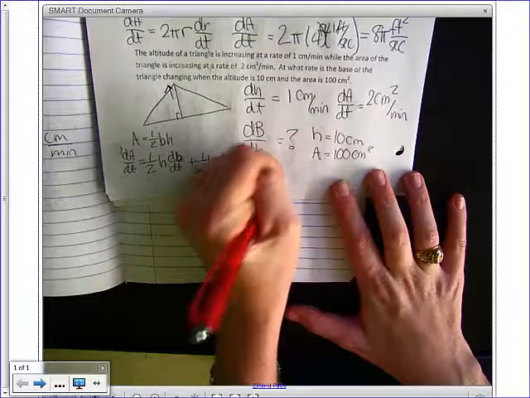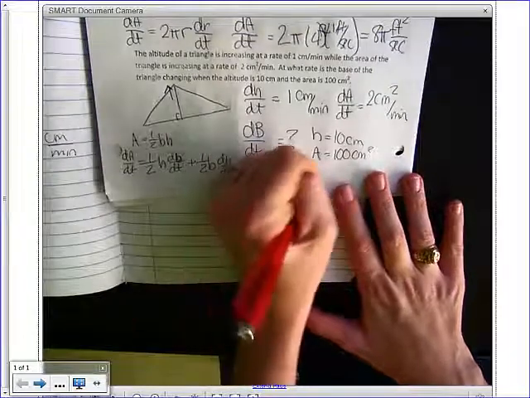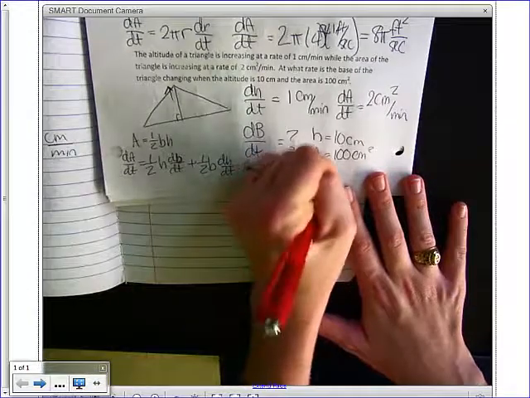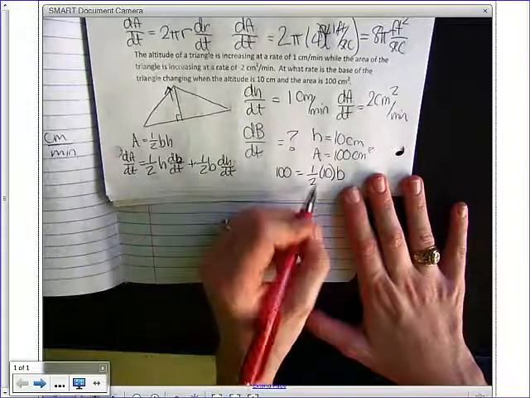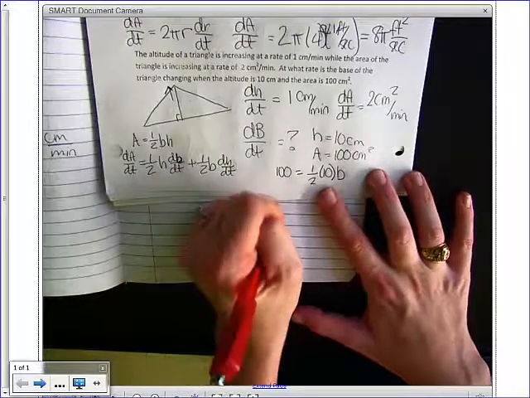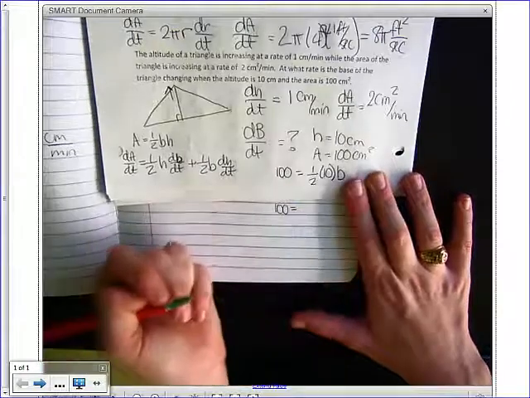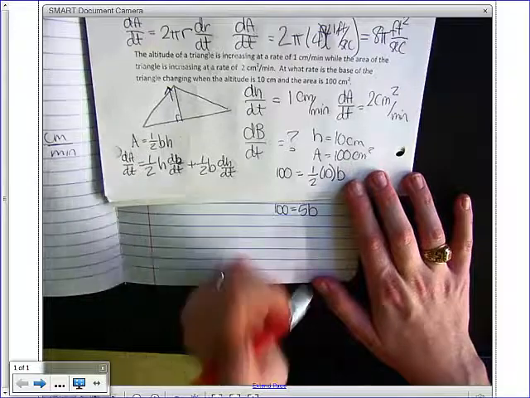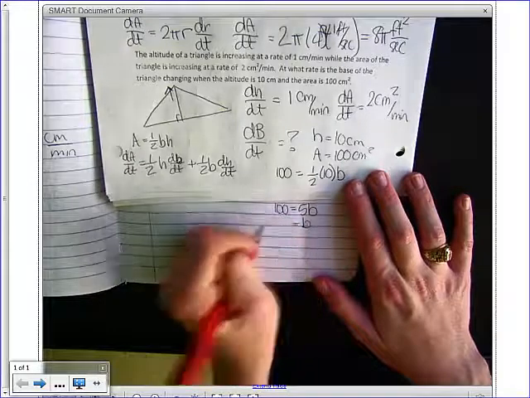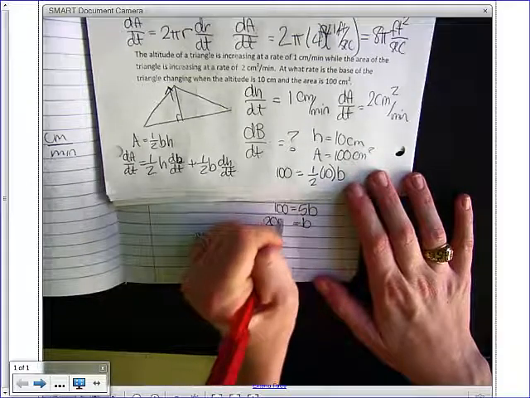We know 100, I'm just plugging into the area formula, equals 1/2 times 10 times the base. Well, that just gives me 100 equals 5 times the base. So the base is going to be 20 centimeters.